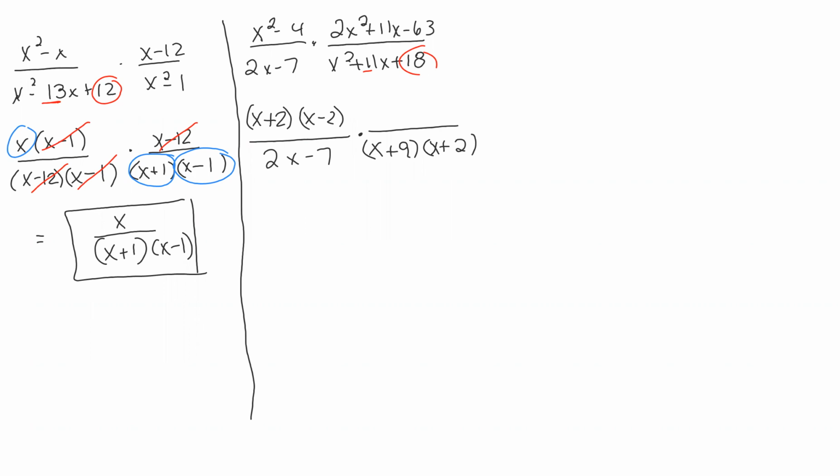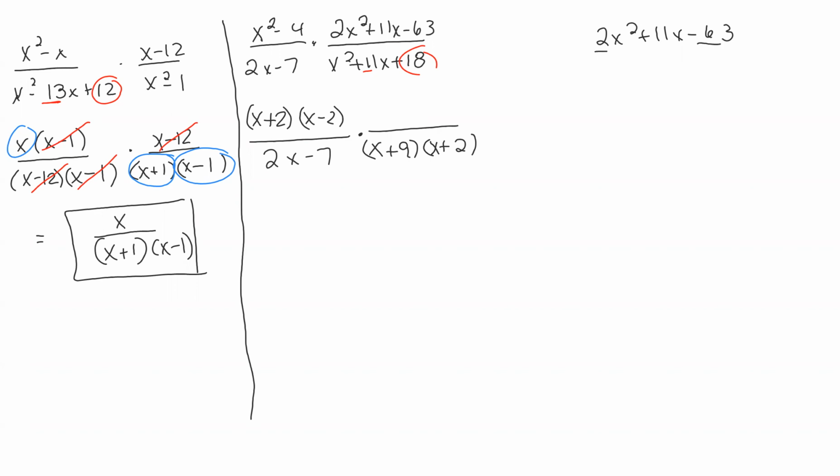All right. Now, what we want to do for the next one, we have 2x squared plus 11x minus 63. So what I'm going to have to do here is the AC method. This is a quadratic trinomial, but in this case, the coefficient of the squared term is not 1. So we do the AC method.